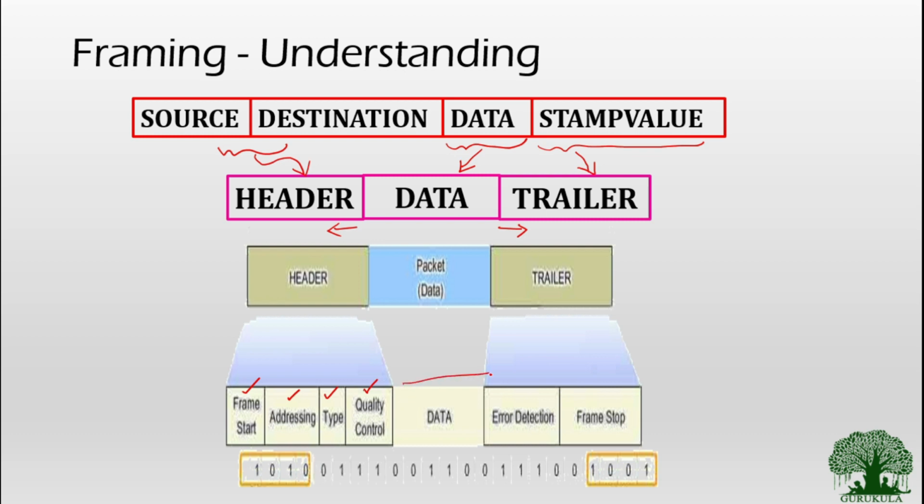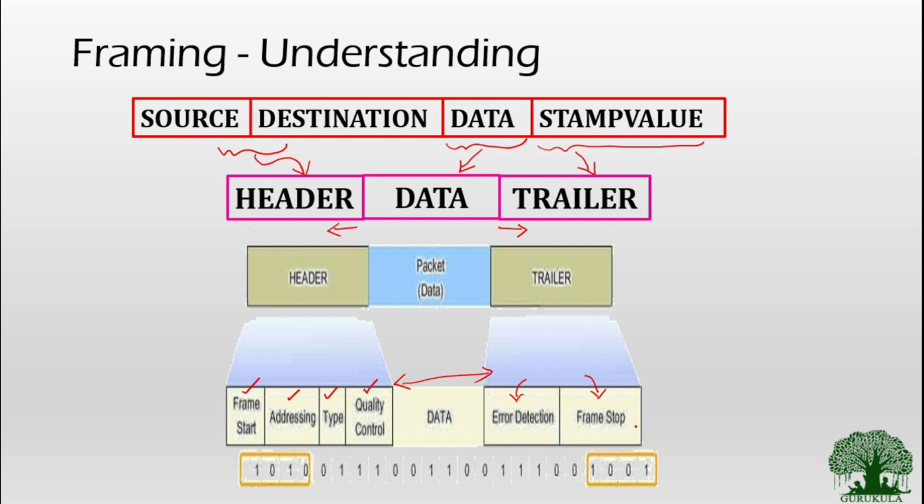Then you have the actual data which you want to transmit, and then in the trailer part you can see the codes that are responsible for error detection, and also a few codes responsible for detecting the end of the frame. So all this information is arranged in a prescribed format, and this is what we call framing.